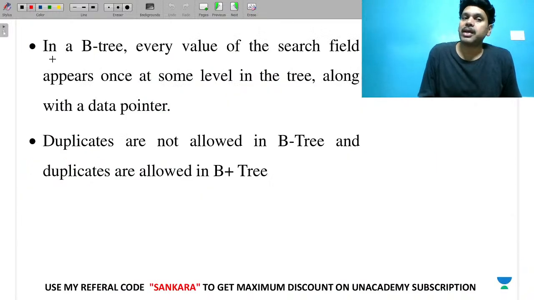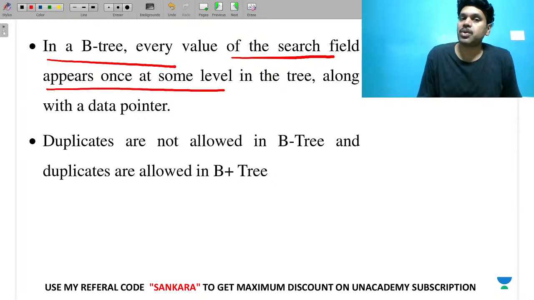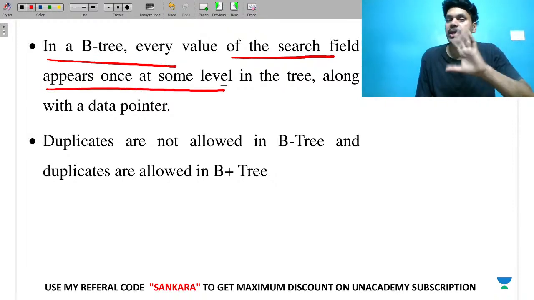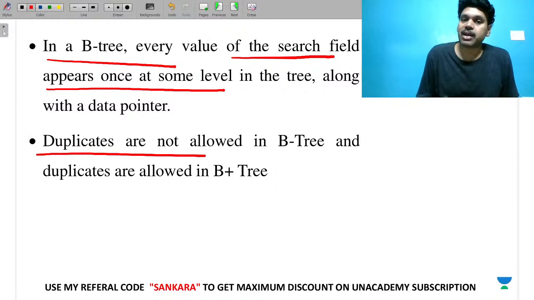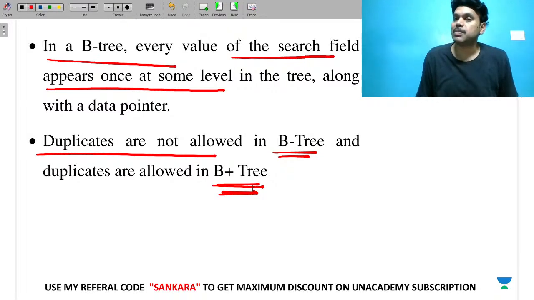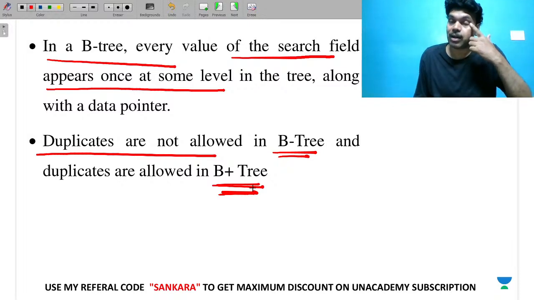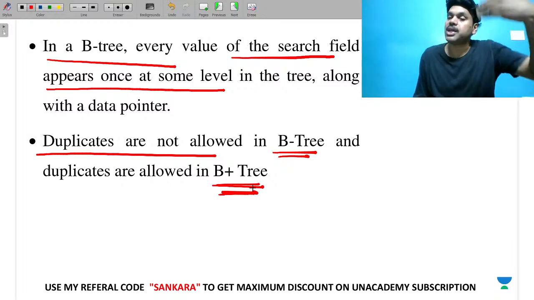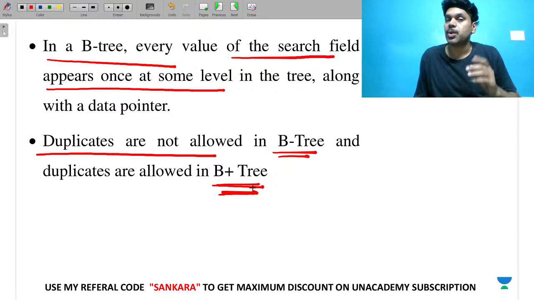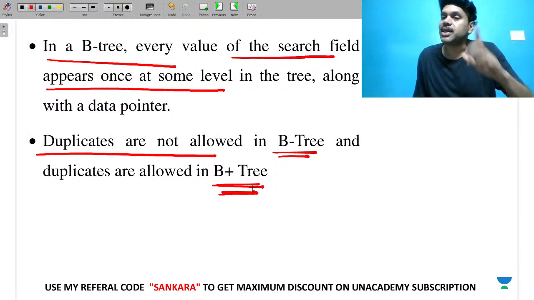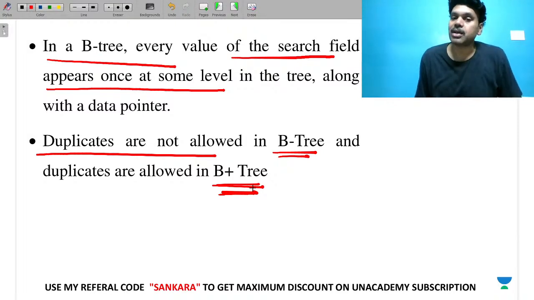And the next one: in B tree, every value of the search field appears only once, that means no duplicates are allowed. But duplicates are allowed in B plus tree, because the keys are available multiple times. One is available at leaf, one is available either at root or internal node. But in B tree, the key is available only once, either at root, leaf or internal node.